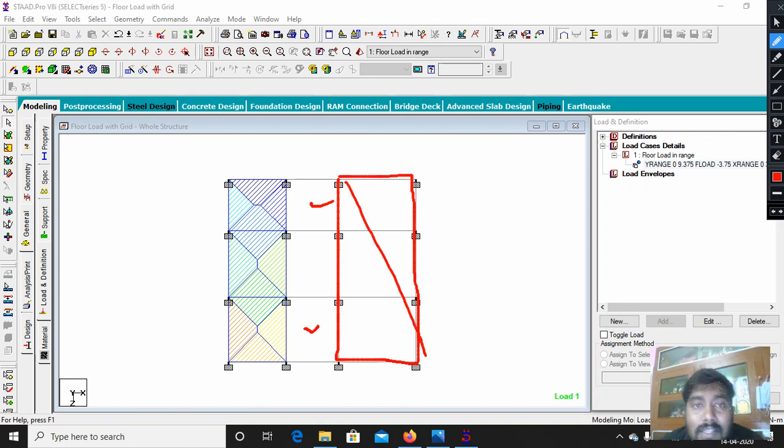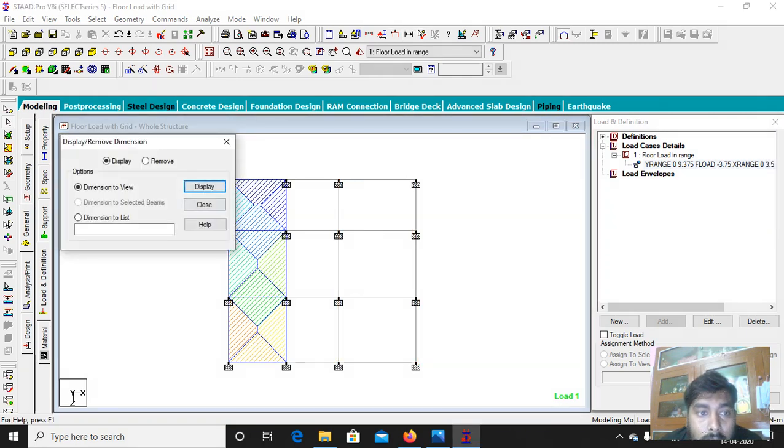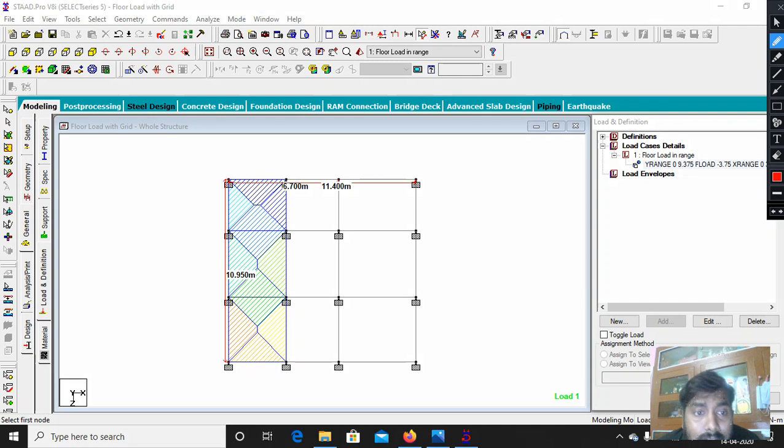So what is the x range here? So from here, this will be the minimum distance, and this is the maximum distance. And the z range is similar here, this is the minimum distance and this is the maximum distance. So let us create the point.